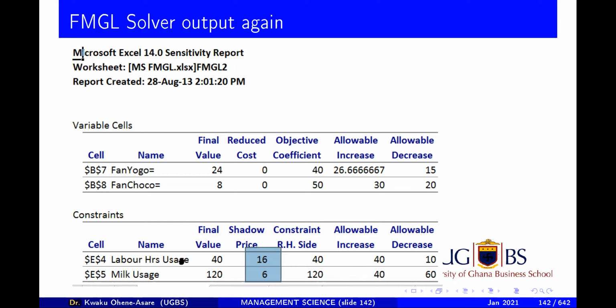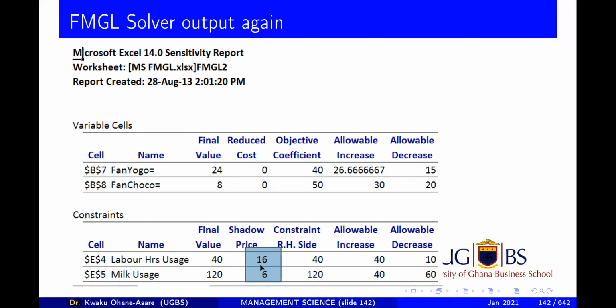If you increase labor hours by 1 hour, from 40 to 41, how much is that going to increase the profit margin? It will increase the profit margin by $16, or 16 cedis. That's what a labor shadow price of 16 means.